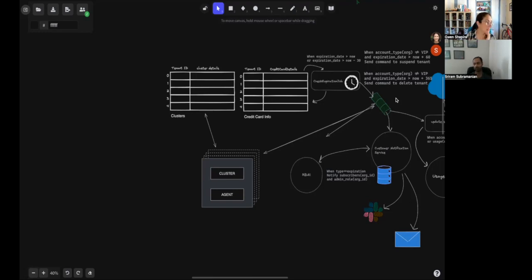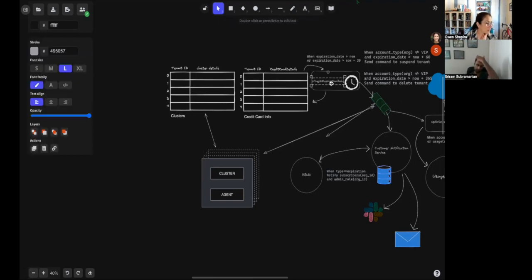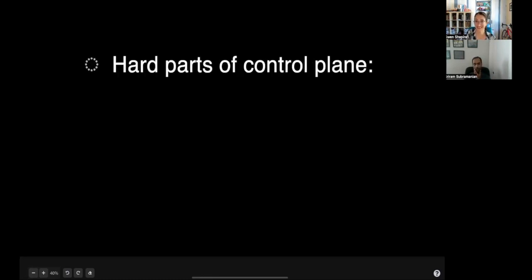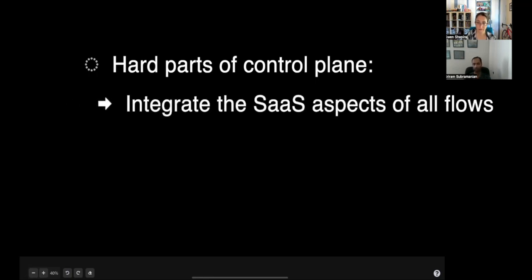Yeah, but the thing is that this is currently kind of the expiry. So yeah, there will be other microservices maybe for detecting DDoS and suspending immediately someone who is DDoSing you, kind of thing. I mean, these are kind of the hard parts of building the control plane, right? Which is you have all these so many flows, and then the challenge is basically how do you ensure that, first off, you integrate all these SaaS aspects that we just spoke about to begin with.